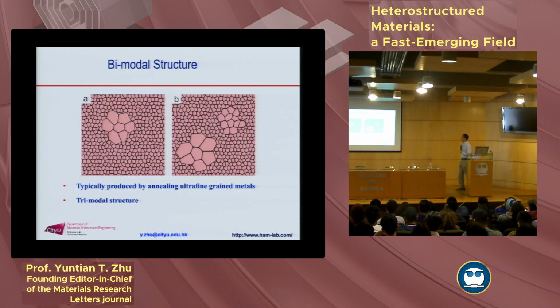Another type is like a bimodal structure or trimodal structure. You have seen this in the literature. This is one famous paper, bimodal copper, published by Professor Ma. It has good ductility, high strength, but I have to tell you that this is not the best structure to give you this good property.